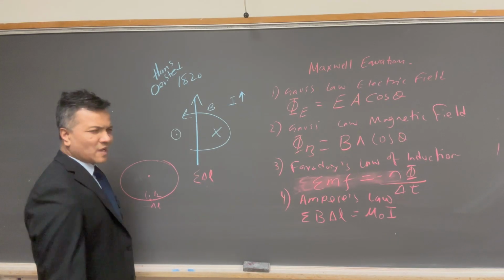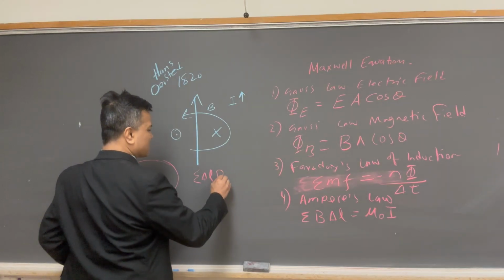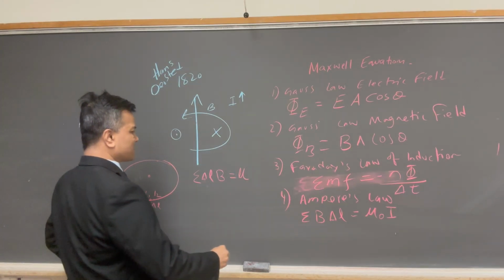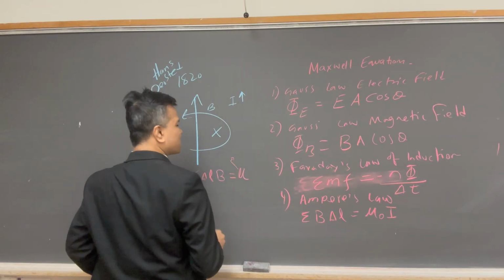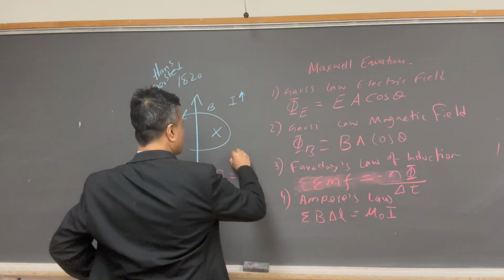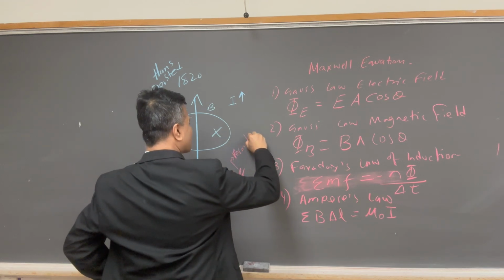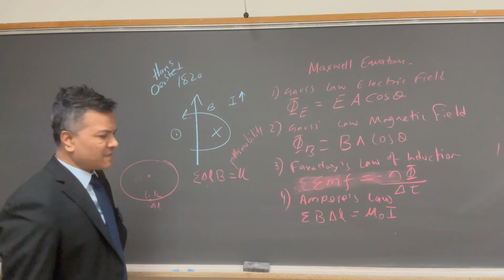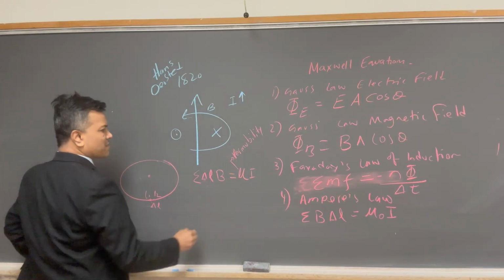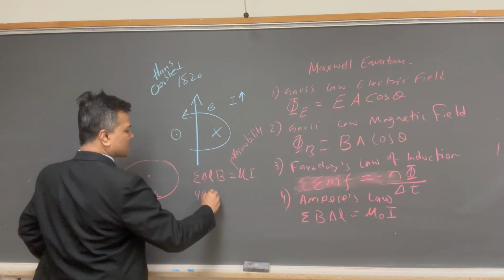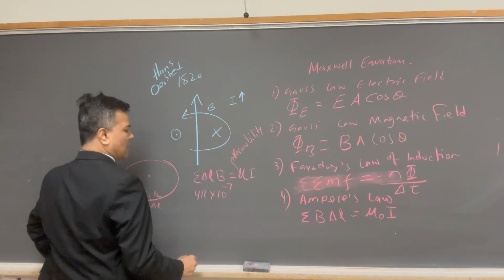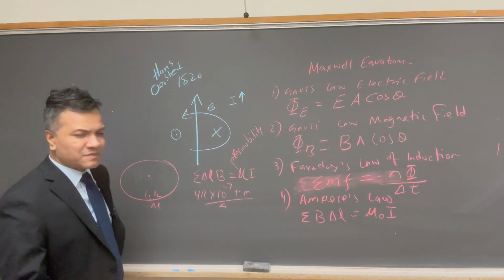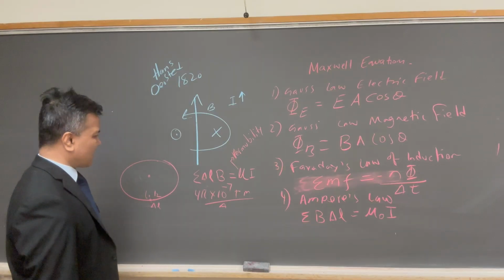The sum of magnetic field times delta L is equal to, not permittivity, this is very close to permittivity, this is permeability: permeability of free space, times current. Permeability of free space is 4 pi times 10 raised to negative 7 Tesla meter over ampere. Okay, this is a constant. It's very important. We're going to get to see it in a second.